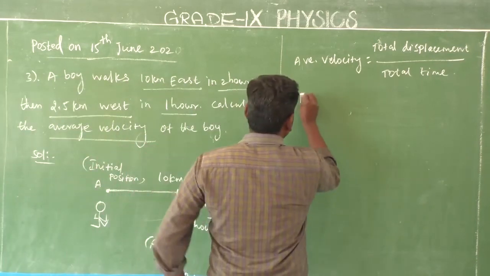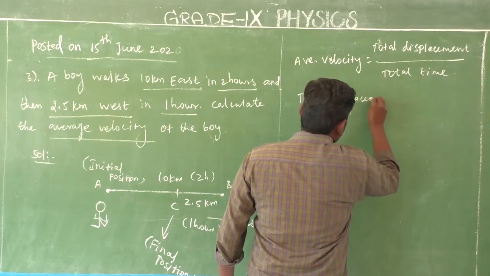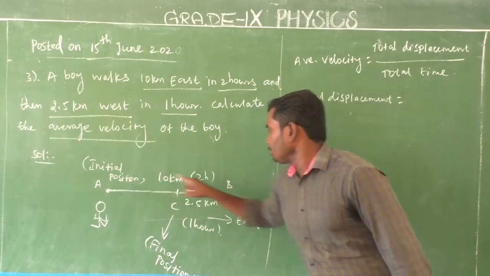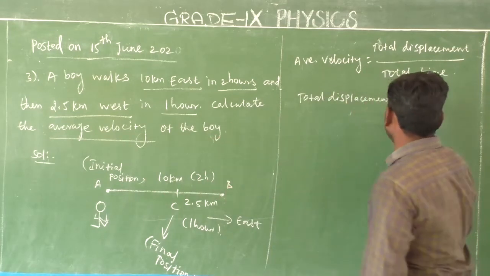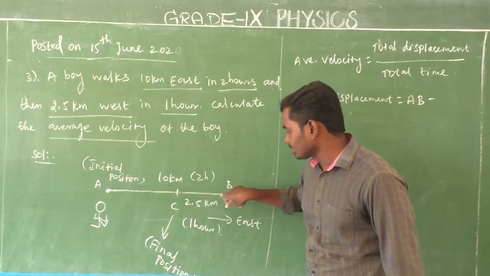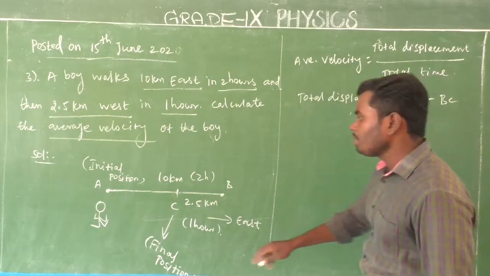So total displacement is equal to AB, which means the total length, minus BC, minus this gap BC. So what is the AB value, sir?